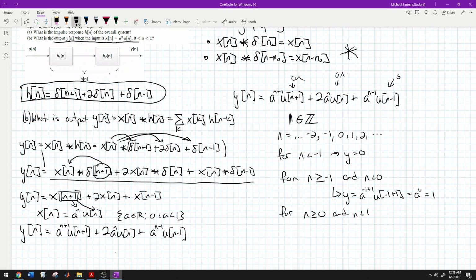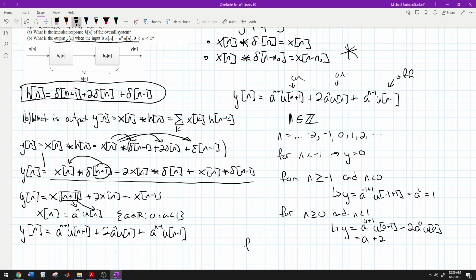And then the unit step of 0 minus 1 will be off. What we get is that y is equal to a to the 0 plus 1, plus 2 a to the 0, and that can be rewritten as a plus 2.